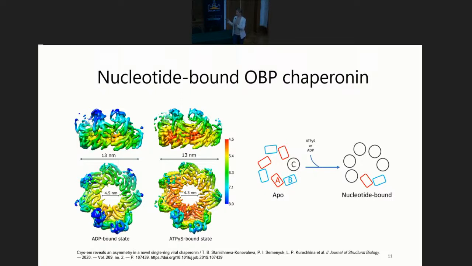So on the reconstructions with nucleotide-bound chaperonins, we only see one pair of subunits, the same A and B, but just one pair, and all other subunits kind of disappear because they become more flexible. So how is this related to the function of the chaperonin? We don't know that yet. This is the topic for further research.